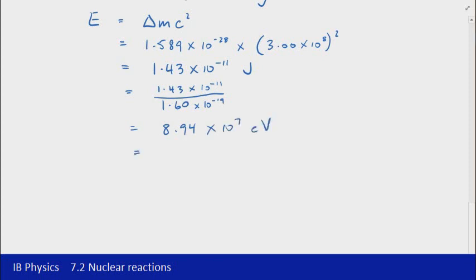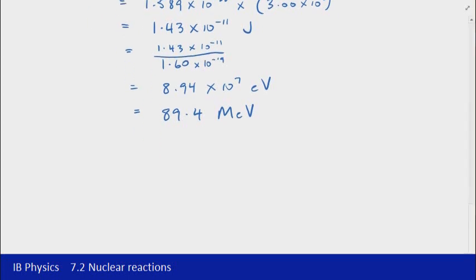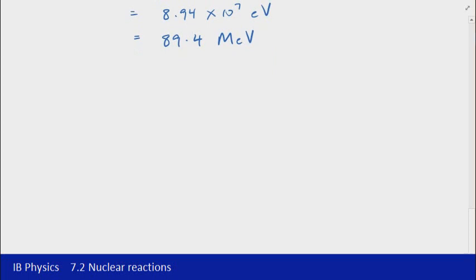A more common unit to use here is mega electron volts, so that would equate to 89.4 mega electron volts. So as I said, it's not a particularly large amount of energy for a single nucleus, but when you start to add that up across a large sample, it can end up being quite a large amount of energy, and we'll see just how much energy can be released in some of these nuclear reactions as we go through.